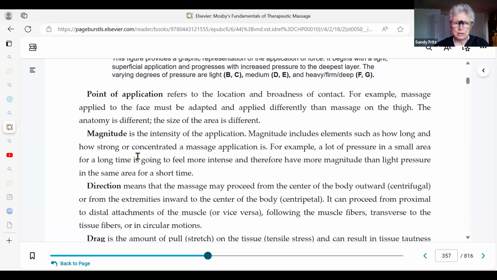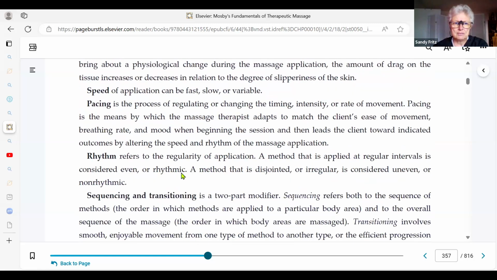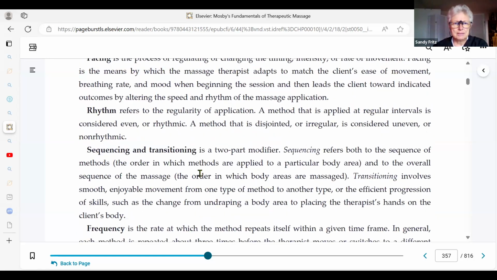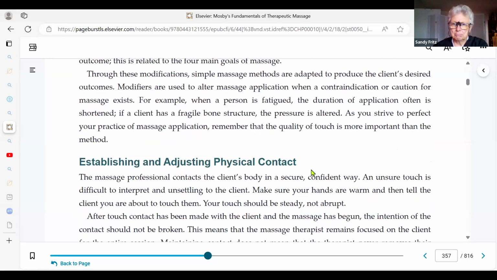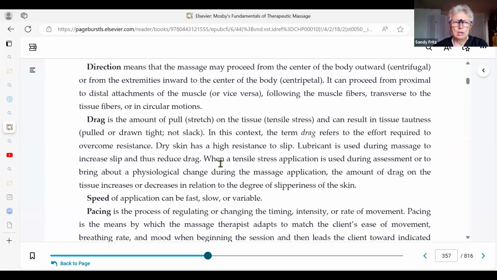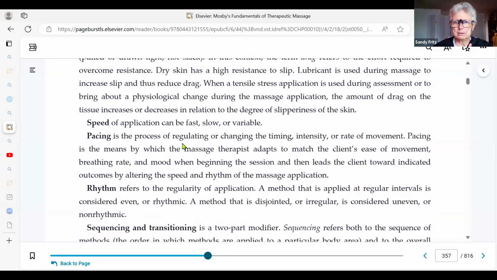So where, how intense, direction, drag, speed, pacing, rhythm, sequencing, frequency, duration, intention for the outcome. These are all pieces of quality of touch that, in my research, I found was first described by Gertrude Beard. And this shows up in the ELAP, entry-level analysis project language.